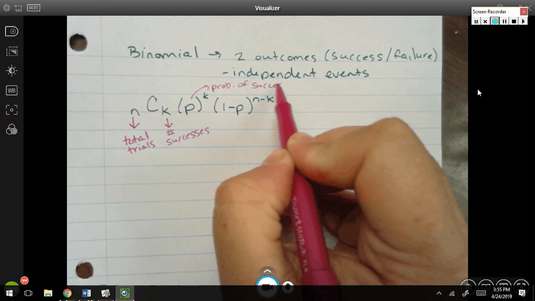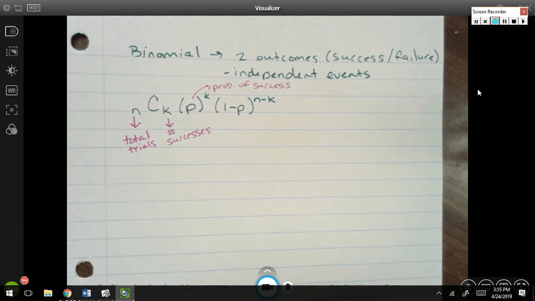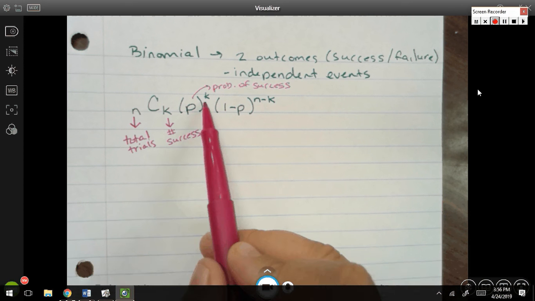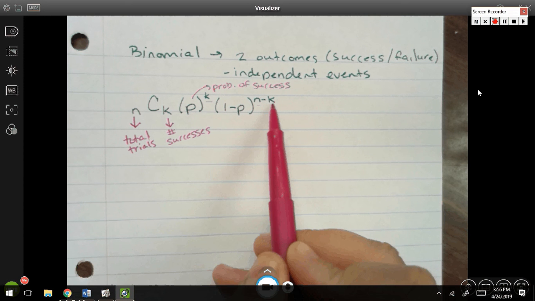If I'm talking about flipping a coin, the probability of getting a heads is, of course, 50% or 0.5. The probability of guessing right on a multiple choice question that has 4 choices would be 0.25. So that's my p there, okay? And then everything else kind of just follows suit. It's the same variables over and over.